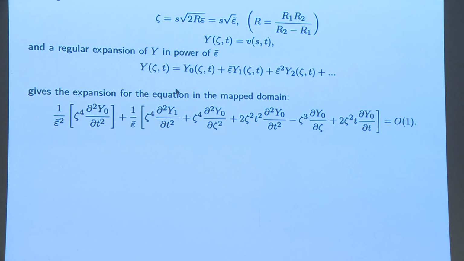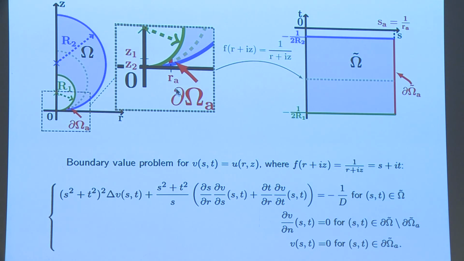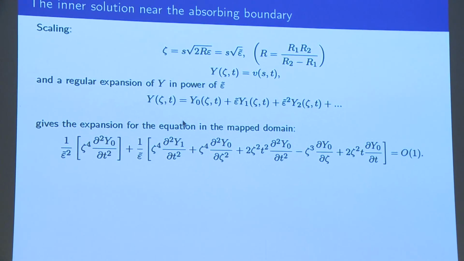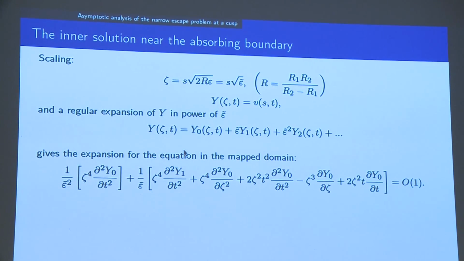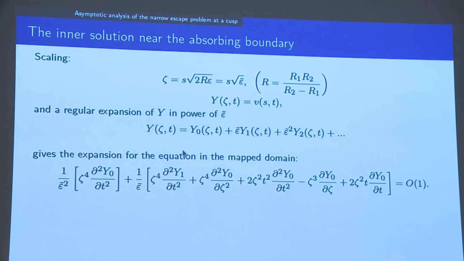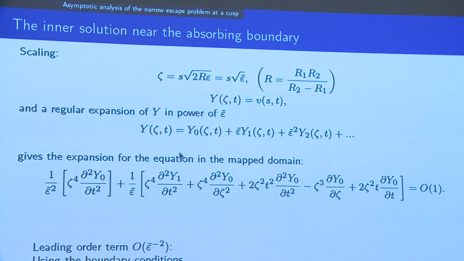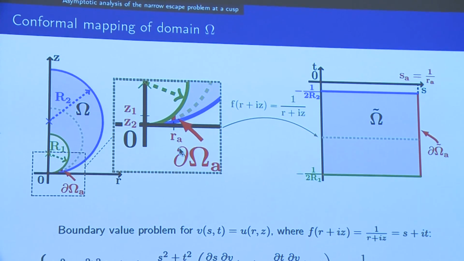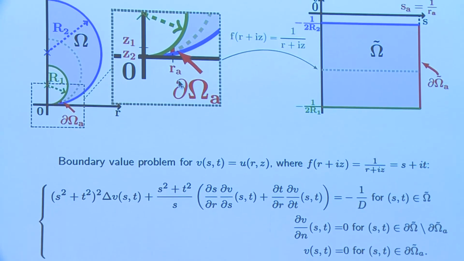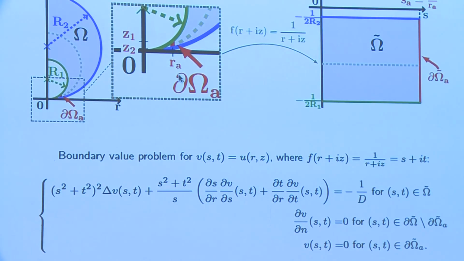So to solve this equation, we will now use a scaling method. So we put zeta equal s over square root of 2r epsilon, square root of tilde epsilon, okay, which means that our interest is in the region very close to the hole, so very close to the red boundary.